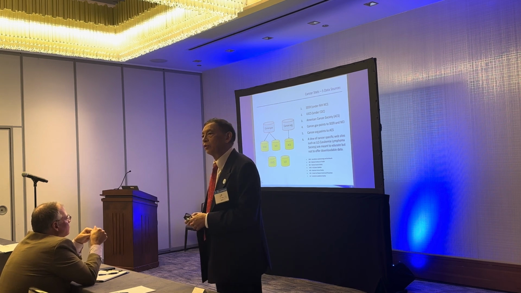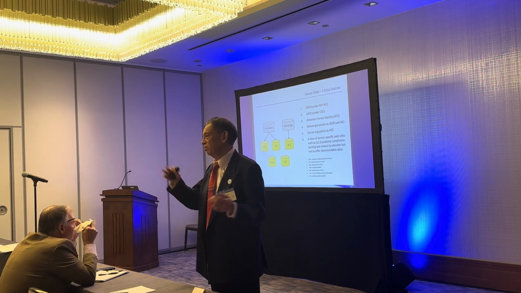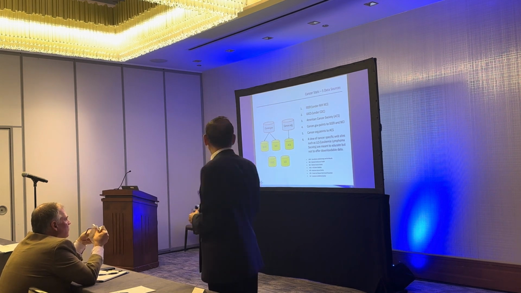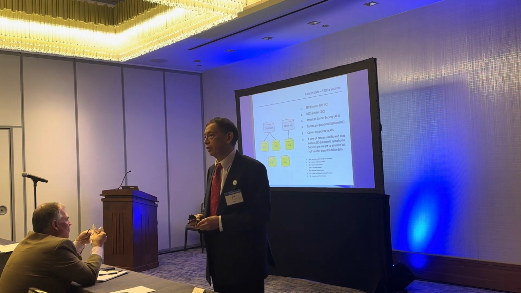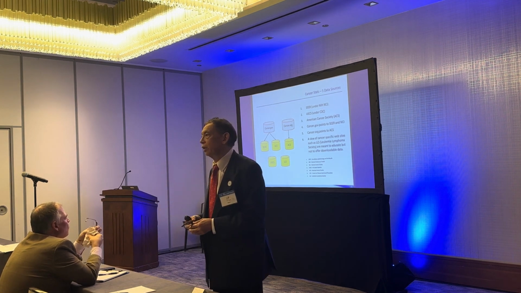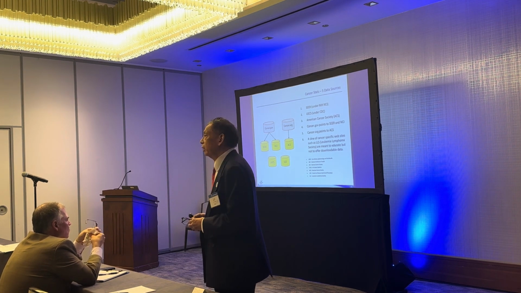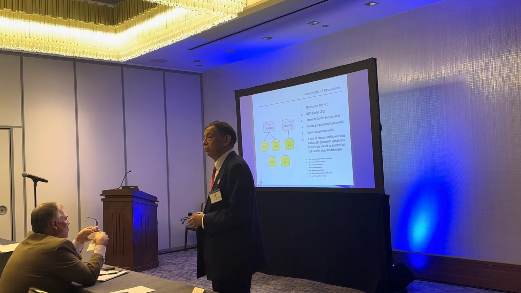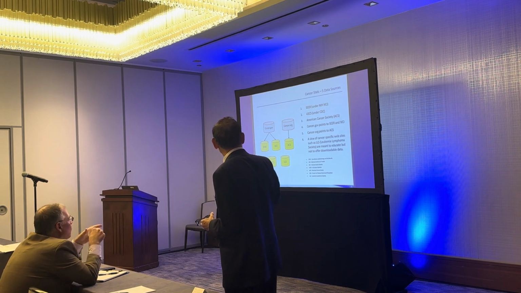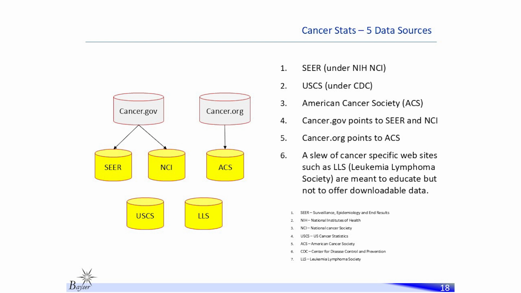Another one that you can look at, which is especially interesting in cancer, is SEER. I think most of you have heard of or used SEER. SEER is at the national level, but it's not the only data source you can use. You have SEER, NCI, ACS, USCS, and then some dedicated websites that focus on certain diseases, for example the Leukemia Lymphoma Society, with good stats and some data as well.